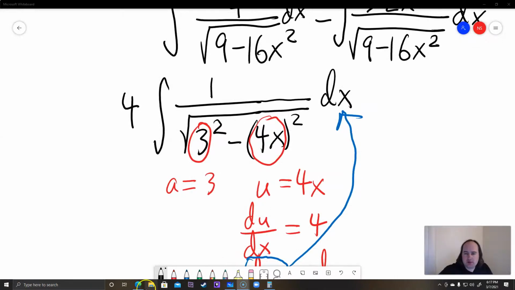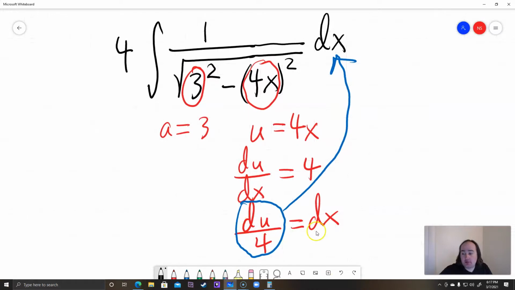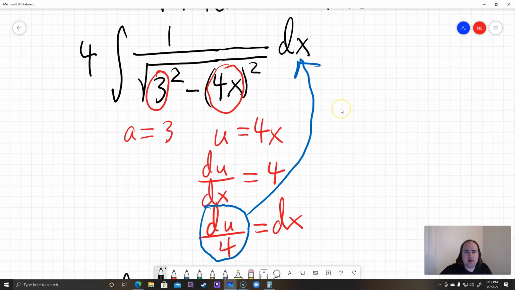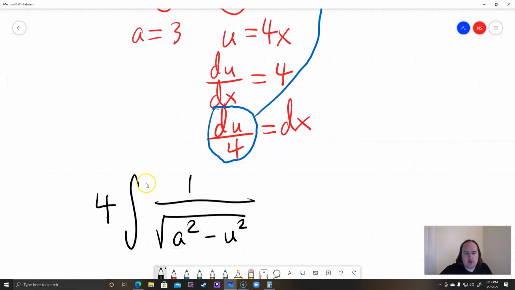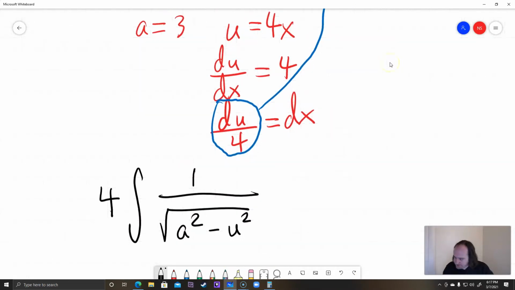As I was saying, we're plugging in du over 4 for dx, so we have 4 times the integral of 1 over the square root of a squared minus u squared times du over 4.